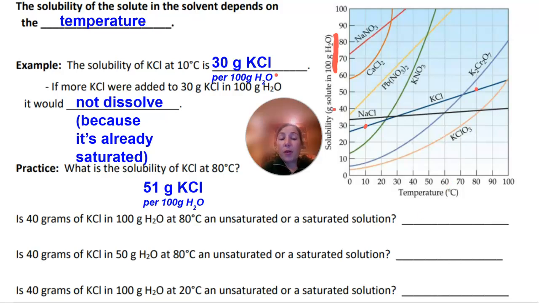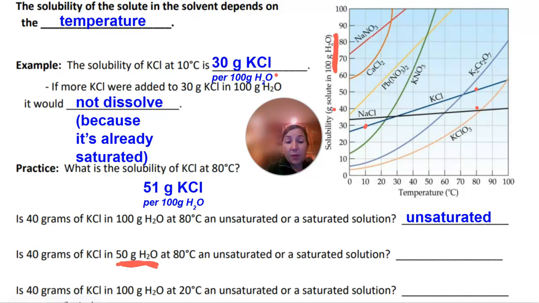So if you want to look for the dot, 40 would be down here. We know we can fit 51 grams, so if we're at 40 grams, we are not yet saturated. That's an unsaturated solution.